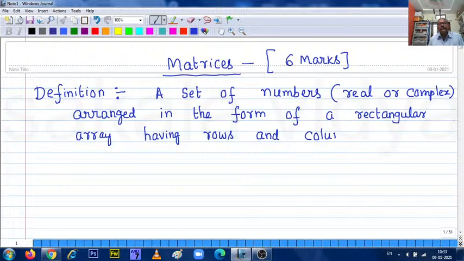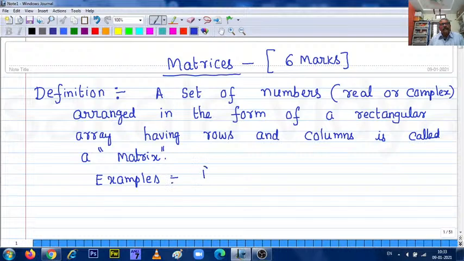This is the definition of the matrix. You may be asked in the examination to write the definition of the matrix. A set of numbers, real or complex, arranged in the form of a rectangular array having rows and columns is called a matrix.